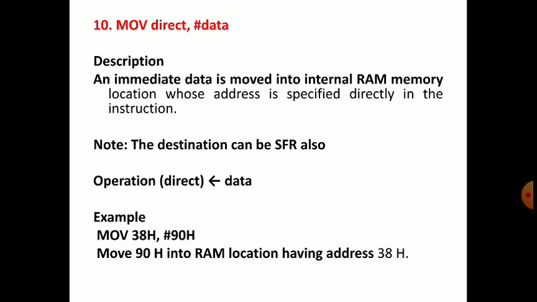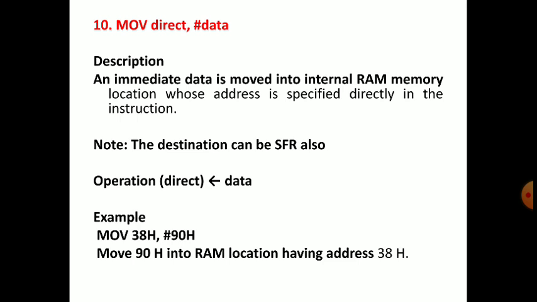Now moving on to the next instruction, mov direct comma hash data. We have already discussed addressing modes in the second chapter video lessons. In that, we have discussed different types of addressing modes with names: immediate addressing mode, direct addressing mode, register addressing mode, indirect addressing mode, like that.